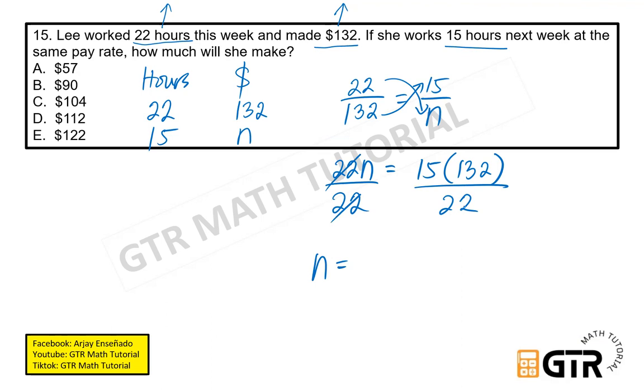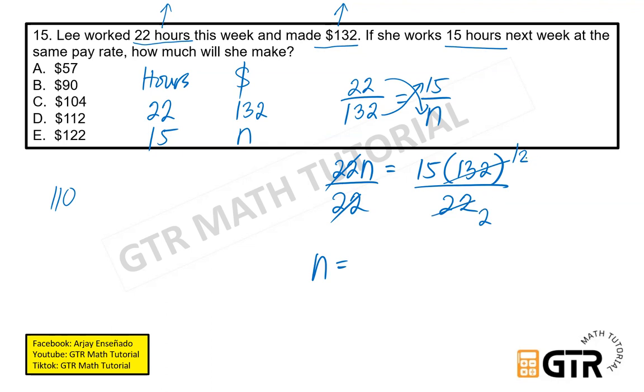So itong 22 tsaka 132, parehas yan divisible by 11. So 132 divided by 11, this will be equal to 12. Okay? So tapos 22 divided by 11, that is equal to 2.